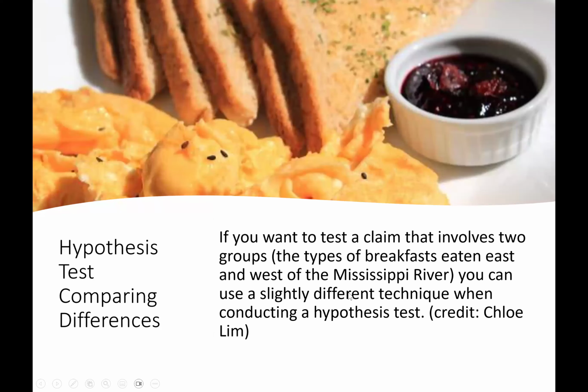All right, so let's say you want to know two groups of breakfast eaten east and west of the Mississippi River. And you can use a technique to decide whether the breakfasts that people eat east and west of the Mississippi River are different. Is one different than the other?